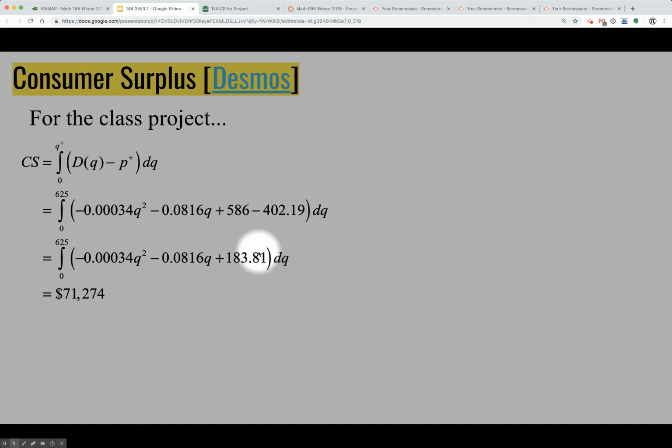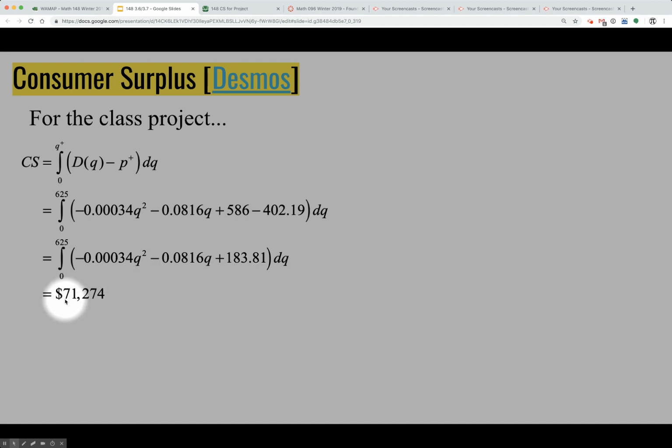To compute that integral, you might want to combine like terms. So here, if I combine 586 minus 402.19, I end up with 183.81. And then I have the integral of a polynomial. I'm not showing the work, but we're going to take the antiderivative of each of these three terms and then use the fundamental theorem of calculus to compute the actual numerical value.